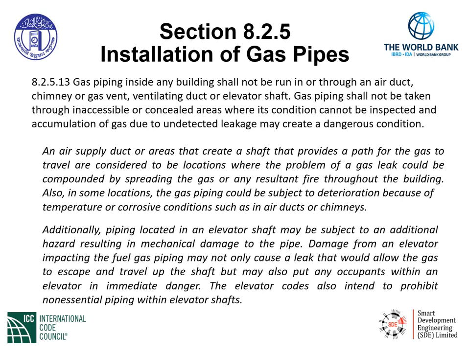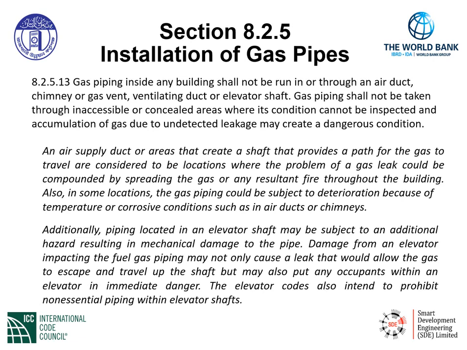Additionally, piping located in an elevator shaft may be subject to an additional hazard, resulting in mechanical damage to the pipe. In this condition or environment, damage from an elevator impacting the fuel gas piping may not only cause a leak, but it would also allow the gas to escape and travel up the elevator shaft.